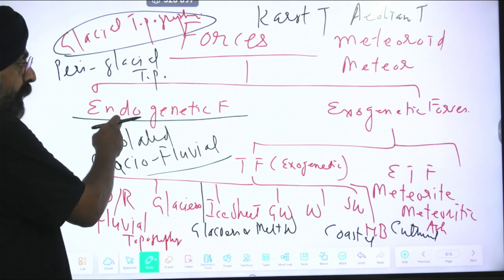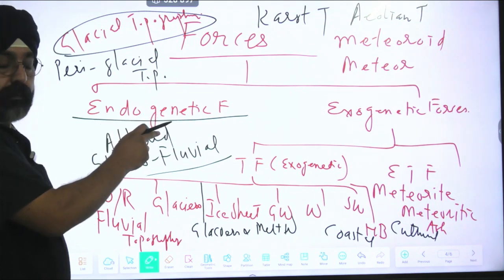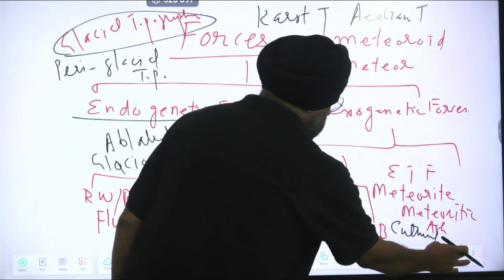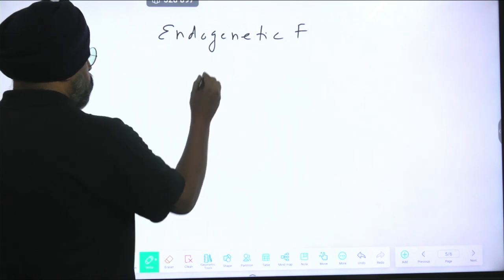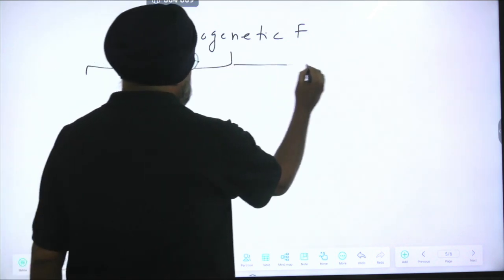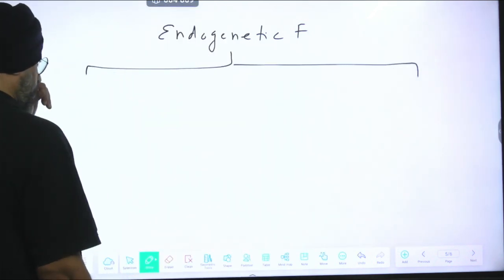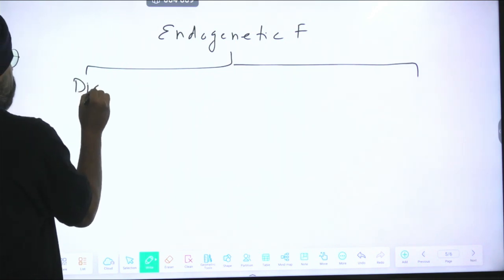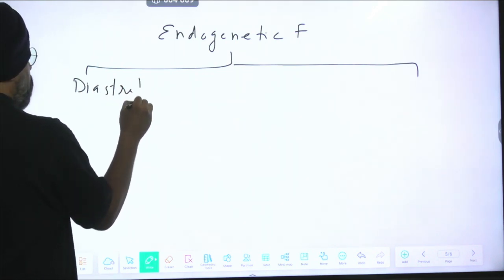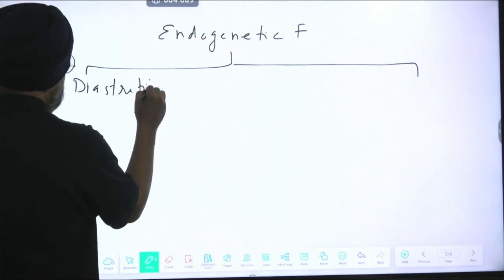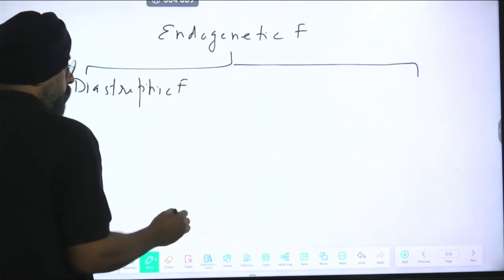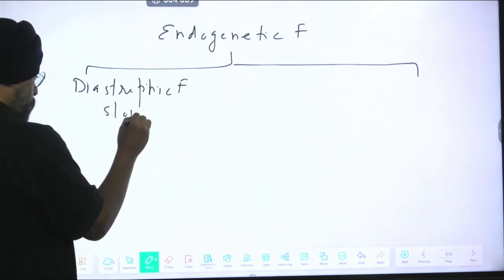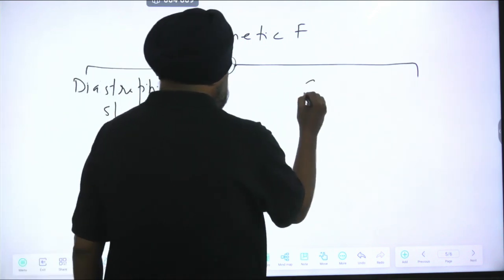Now we are drawing endogenetic forces. Now these can be divided into 2 parts. These are the diastrophic forces, the slow forces, and the catastrophic forces.